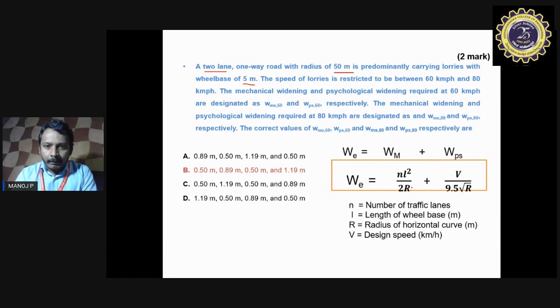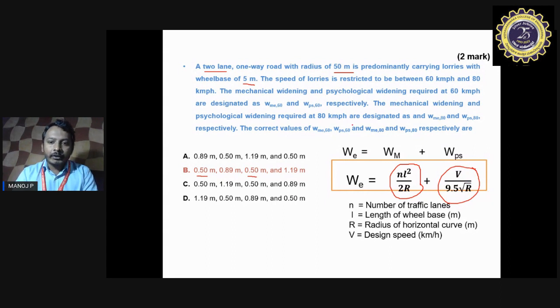For 80 kilometer per hour, you will get the same answer because speed is not affected here. Both should be the same, 0.5 and 0.5. Now we need to concentrate on psychological widening because speed is considered here, so we need to check for both 60 as well as 80.